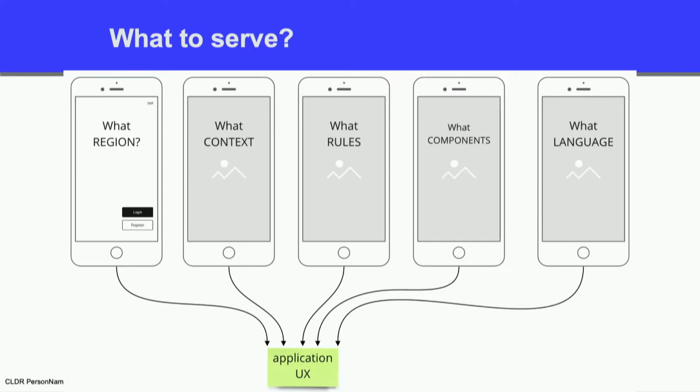Once I know what I am, are there any specific rules that are different based on the region? Do I have a set of components that are different from some default that I have to load? And then finally, once I have the region, content, rules, and components, I can decide what language I actually need to serve.